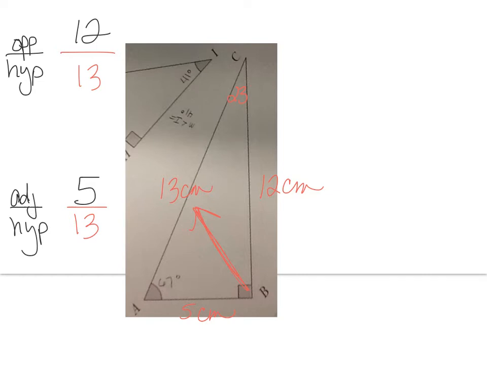So getting my calculator out, 12 divided by 13 gives me 0.92. And then 5 divided by 13 is 0.38. Okay, so you're filling out your table.